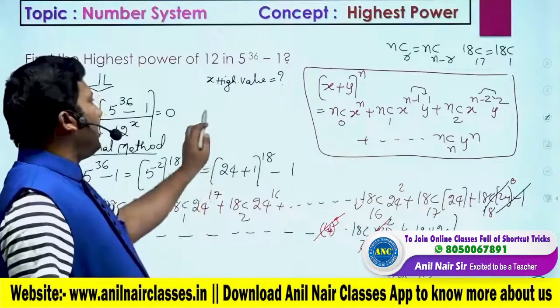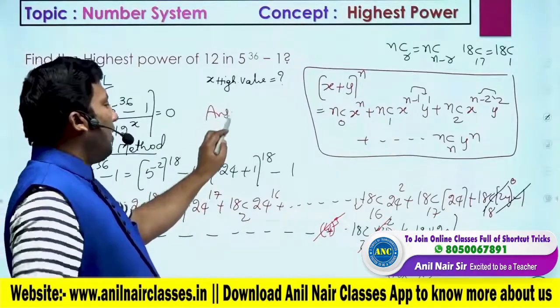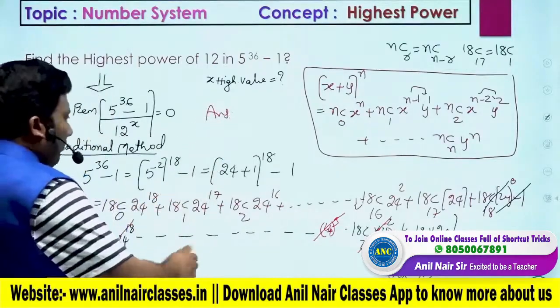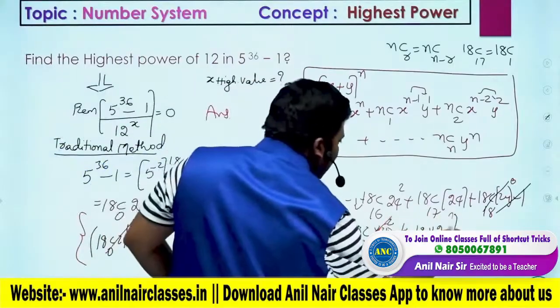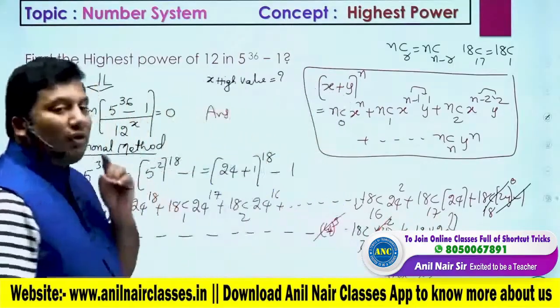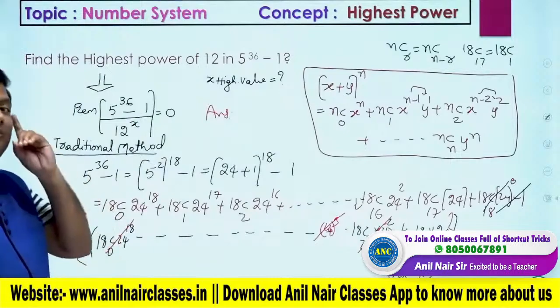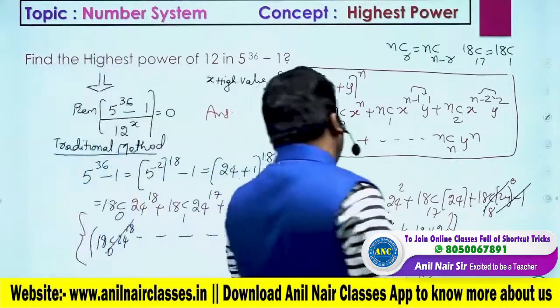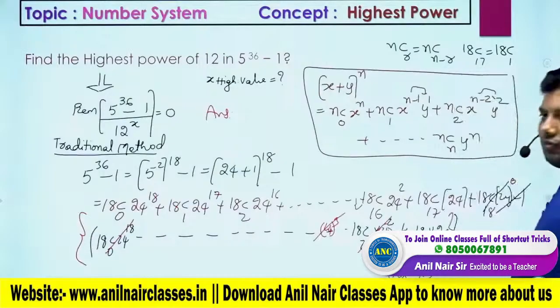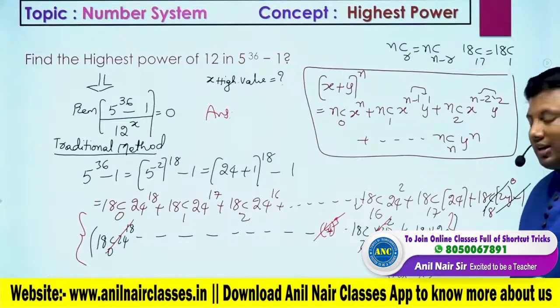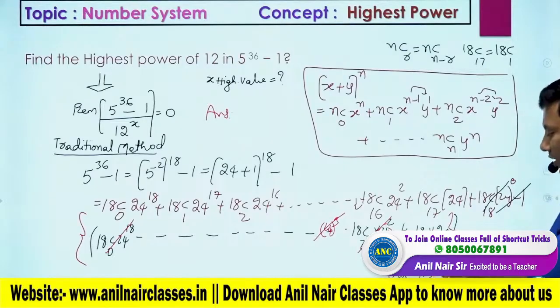So what will be the answer? From here to here, what is the power of 12 which will divide every term? 24 is 12 into 2. 18 into 2, 36, is 12 into 3.